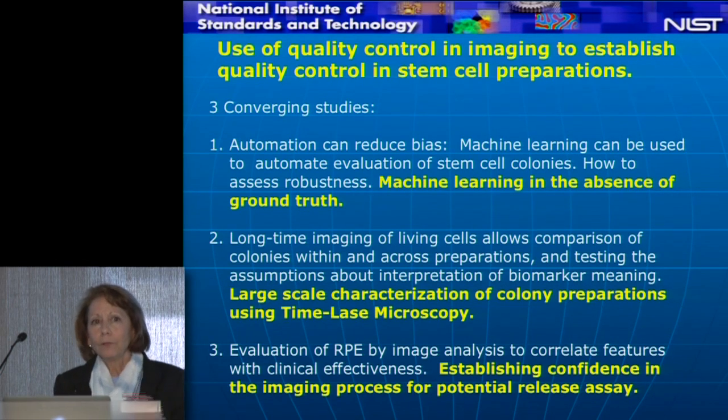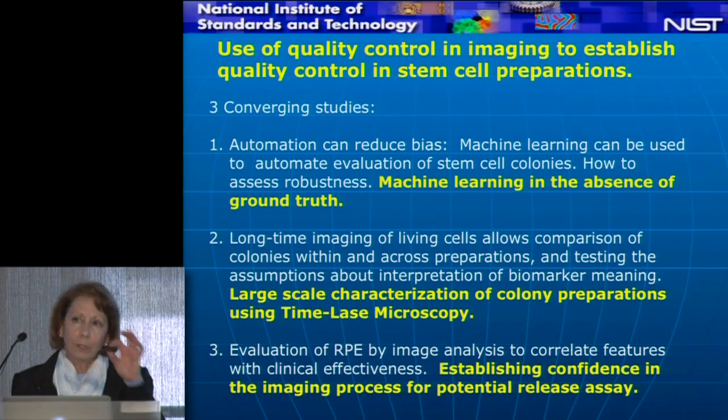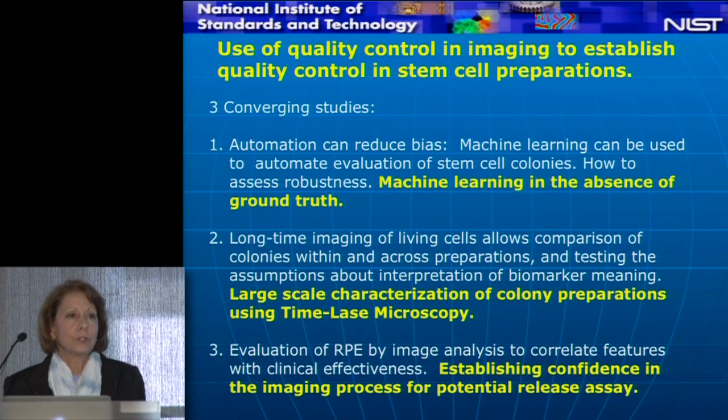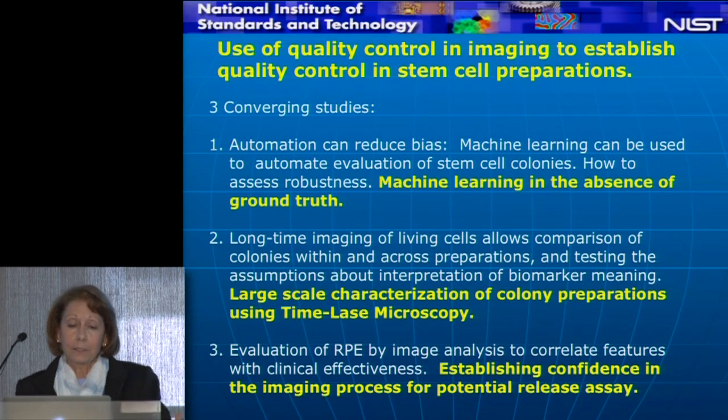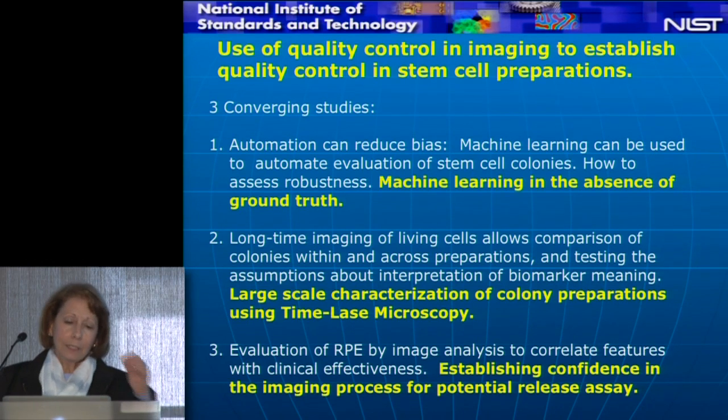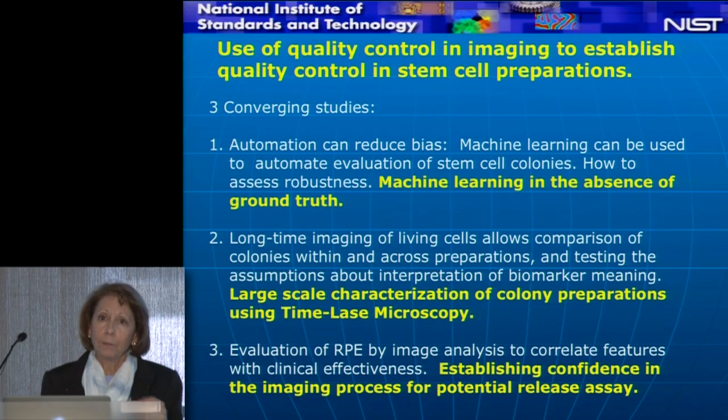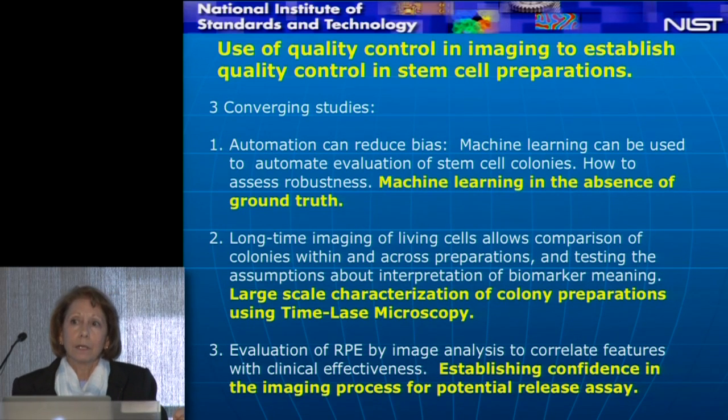So I'm going to divert from this more general talk right now, and I want to show you 3 specific examples of imaging studies that we've been doing. So one study involves developing automated methods for characterizing stem cell colonies.